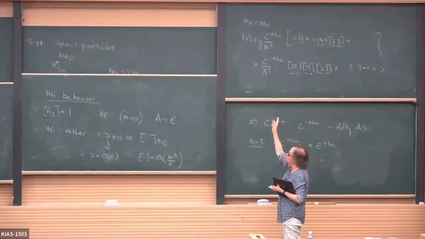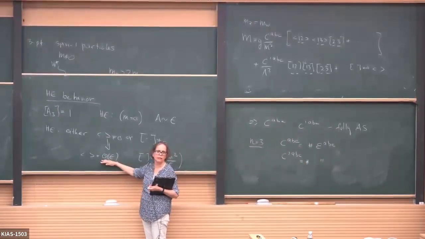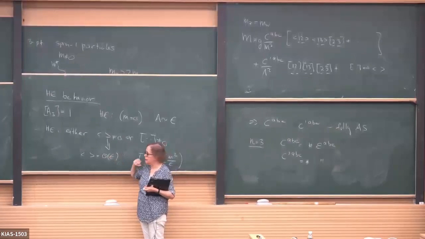So if I divide it by m squared, it's going to give me something that indeed goes like order E in the massless limit.